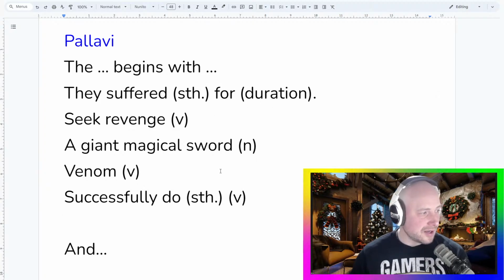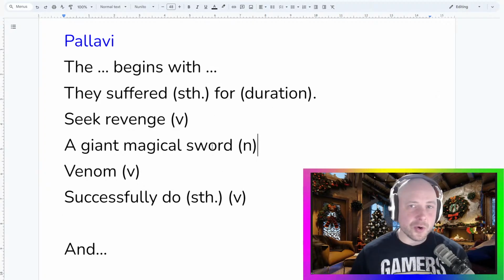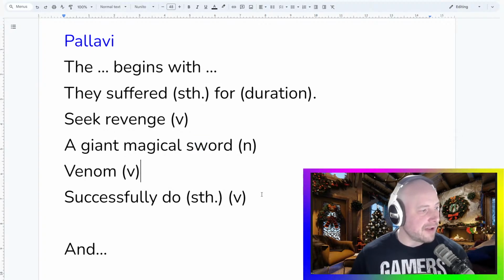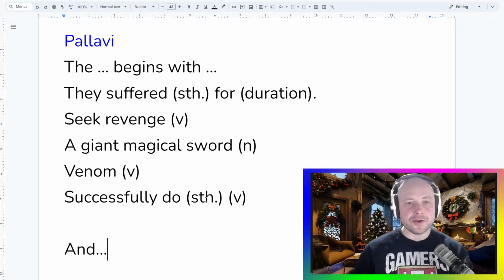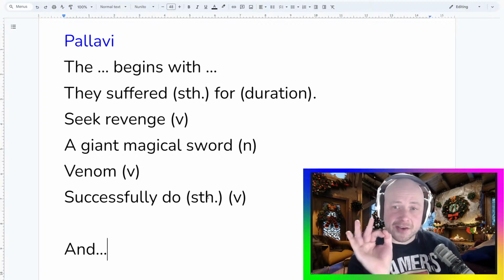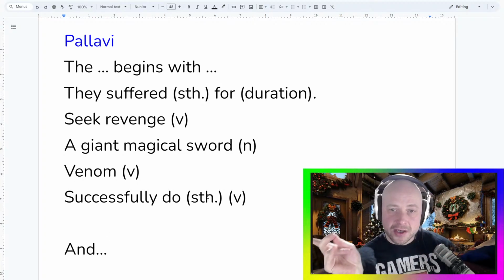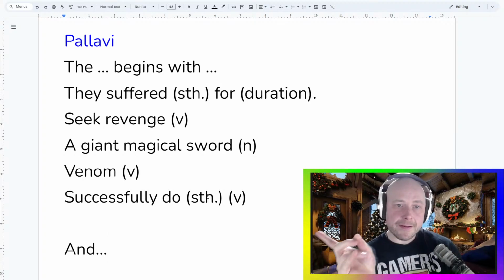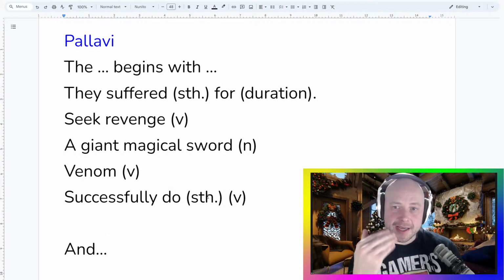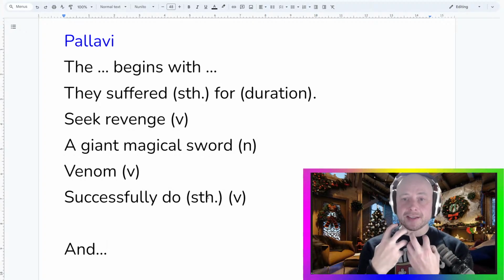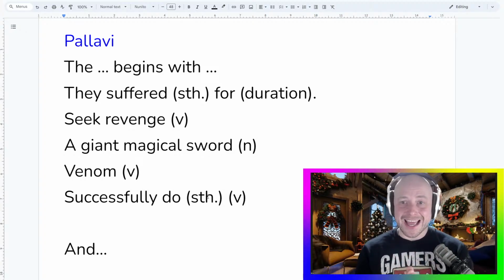Thank you so much. Giant magical sword. We don't say the w in sword. Venom, successfully. This is why it's interesting to hear you speak without a script, because then we can notice possible improvement. Here's something for you: you said "and" a lot, which indicates you need to integrate some more ways of saying "and" when you're talking.